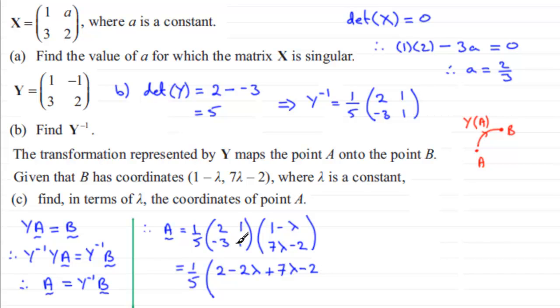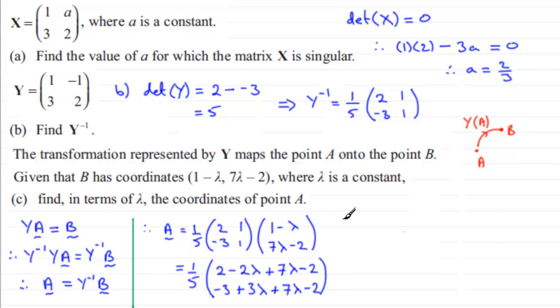Now we do the bottom row multiplied by the column, so it's minus 3 times 1 minus lambda, giving us minus 3 plus 3 lambda, and then to this we add 1 times 7 lambda minus 2, which is 7 lambda minus 2.